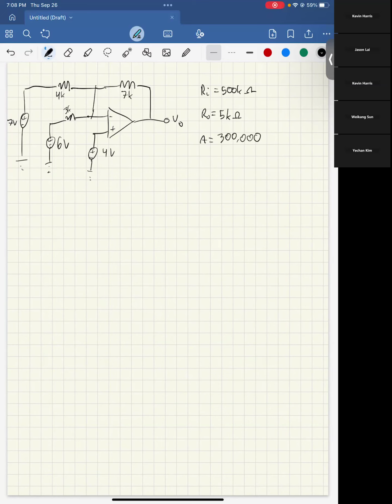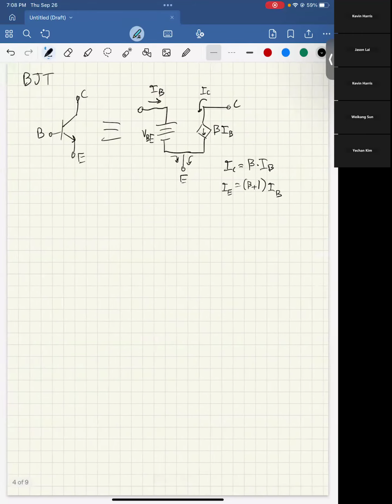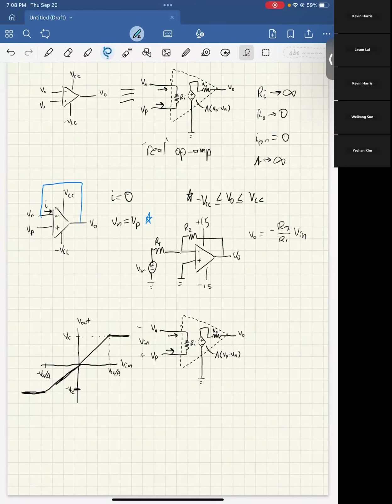This question is saying, apply the real op amp circuit model and then use node voltage and write down all the equations you might need to solve this question. So if we want to redraw this using the op amp model, I'll copy this over from the previous page, both for myself doing this problem and so that it makes a bit more sense.